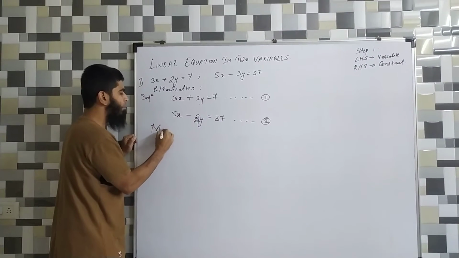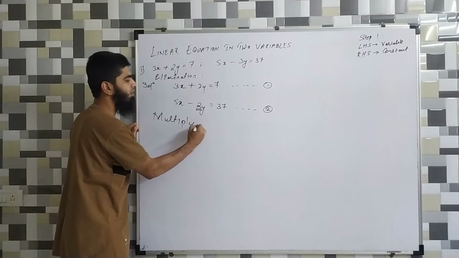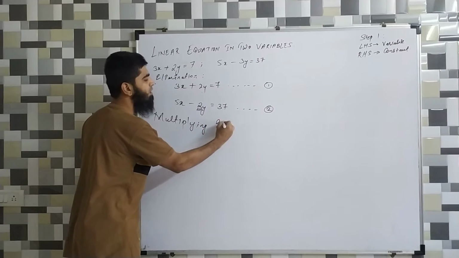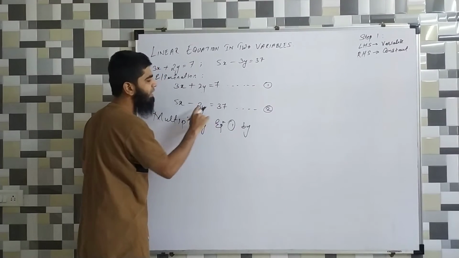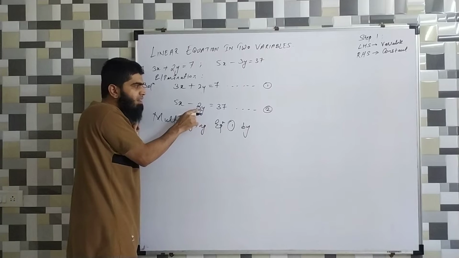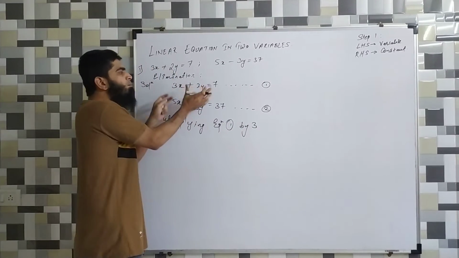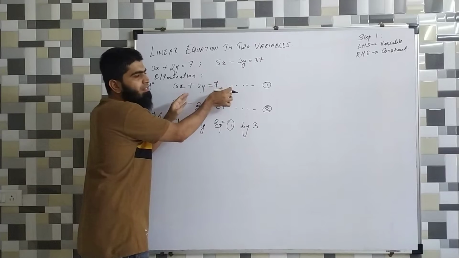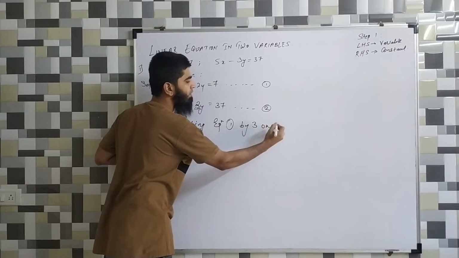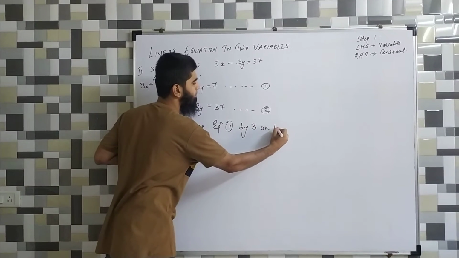So I will write: multiplying equation 1 by which number? What is the coefficient of this? Yes, the coefficient is 3. So I will multiply by 3 on both sides, on the left hand side as well as on the right hand side.